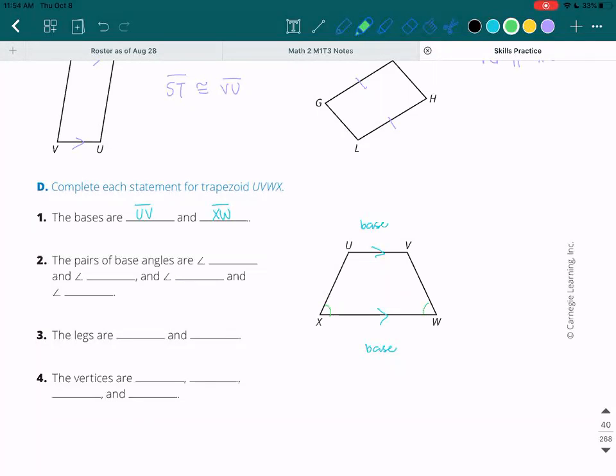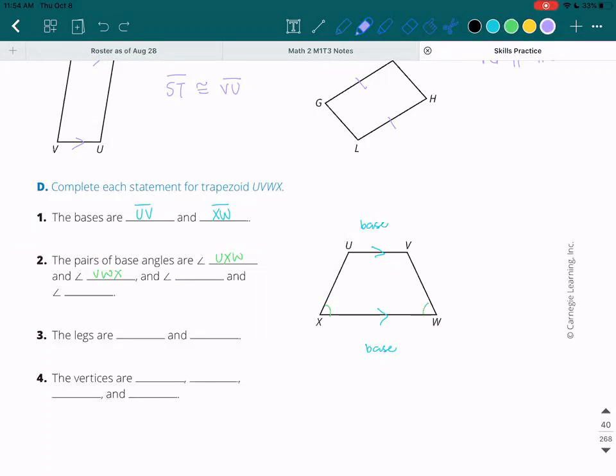You have three letters to name an angle. So UXW would be one of them. And then the other one could be named what? VWX. Yes, VWX. So V to W to X. So those are one pair of base angles.